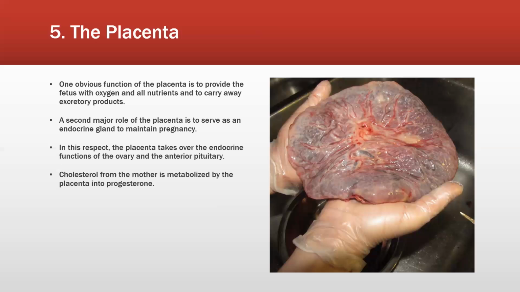And if you think back a little bit into some of the anatomy and physiology topics that we discussed, the primary producer of our steroid hormones comes from the adrenal cortex. And so maternal adrenal glands will support a lot of this until the placenta is of sufficient size and can kind of take over a lot of that. And it's that cholesterol that gets metabolized by the placenta and turns it into things like progesterone and estrogen.